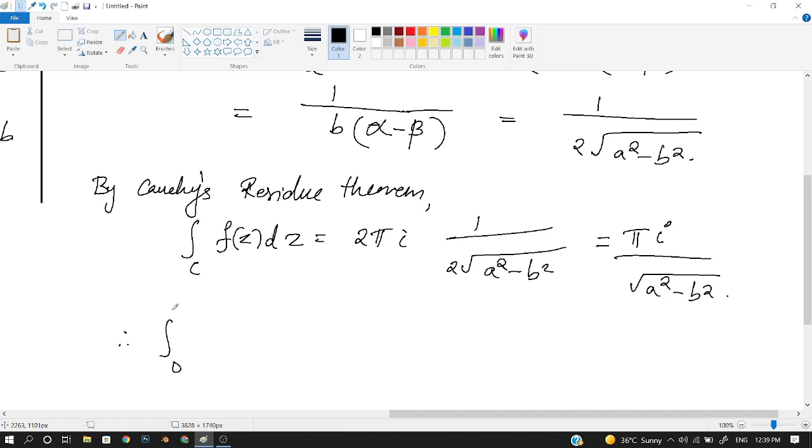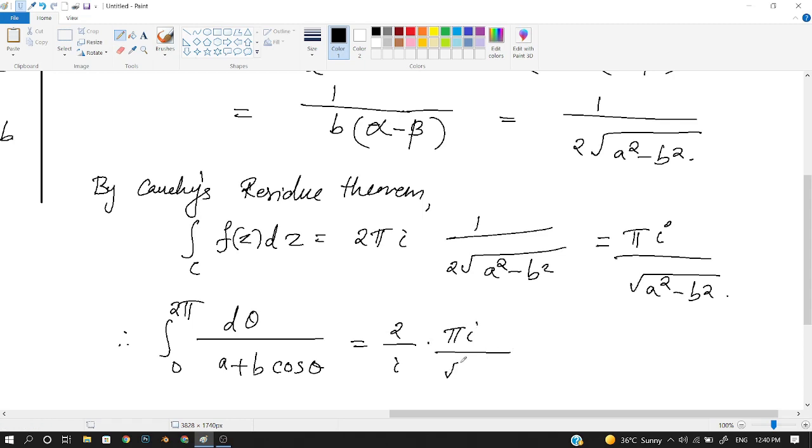Therefore, the integral from 0 to 2 pi d theta divided by a plus b cos theta equals 2 by i into pi i divided by square root of a square minus b square. That is equal to 2 pi divided by square root of a square minus b square.